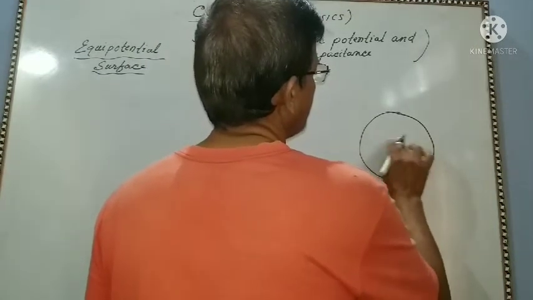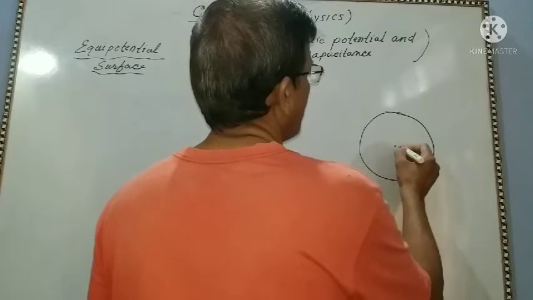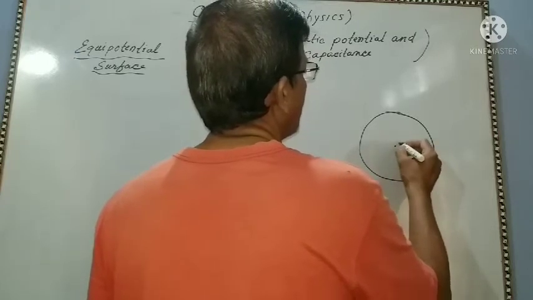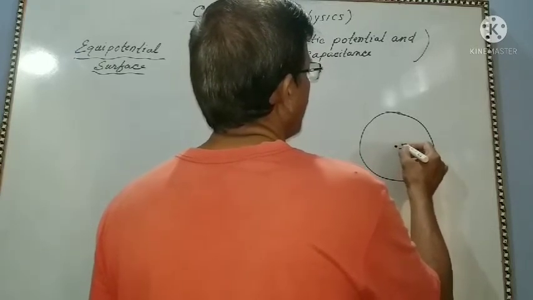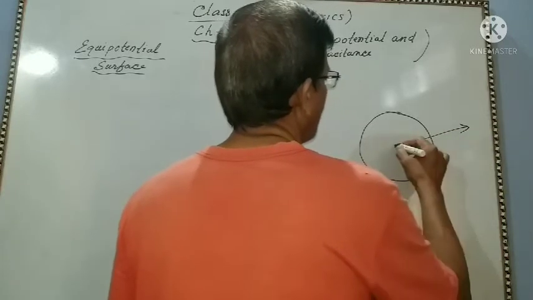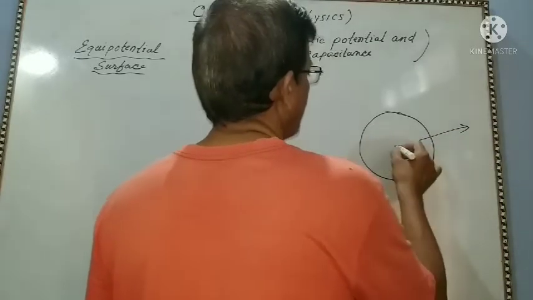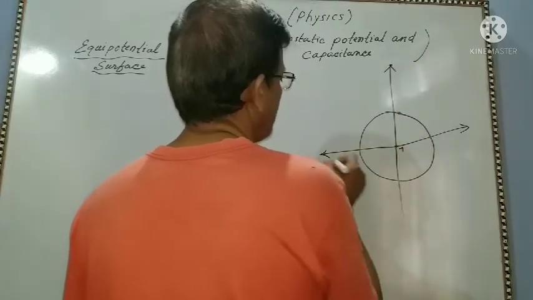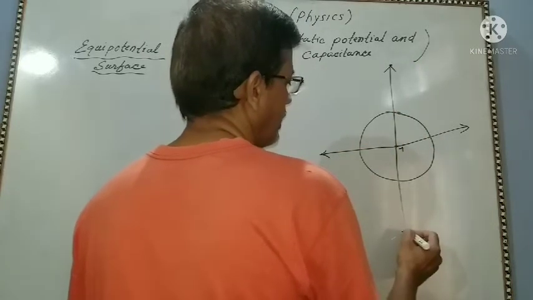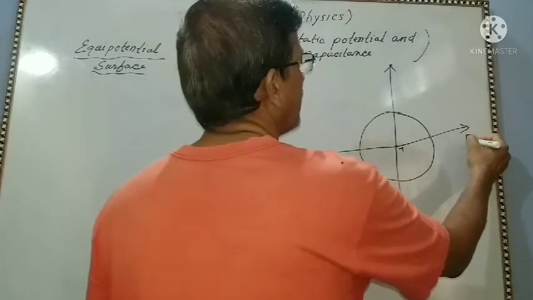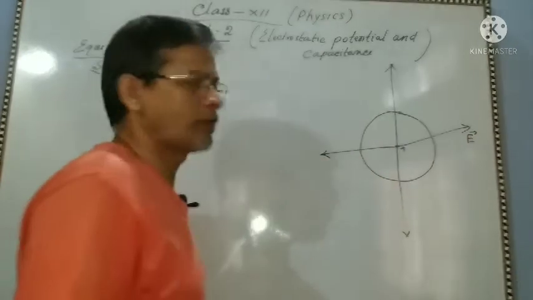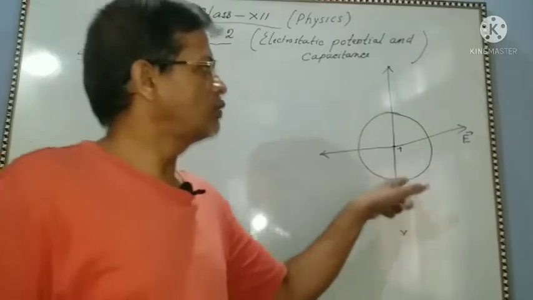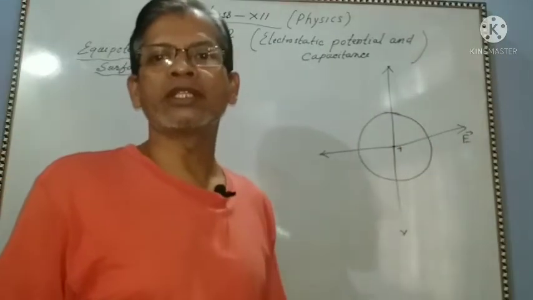Say this is a positive charge, plus q. Then the direction of the electric field will be like this. This will be the direction of the electric field. Then this will be an equipotential surface.